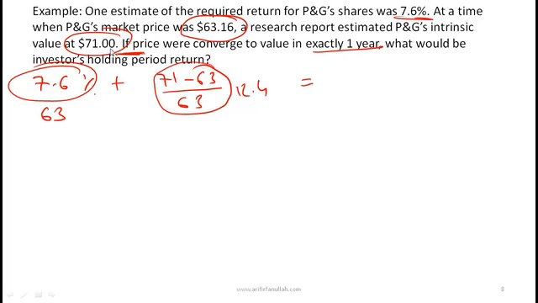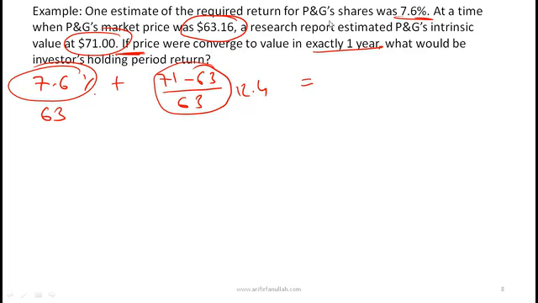Now I think the confusion here is this: according to the research report, the price should be 71 today. It's not saying that the price should be 71 in 1 year's time. The report is saying that this is underpriced and the price today should be 71. So that mispricing will correct. That's this return.